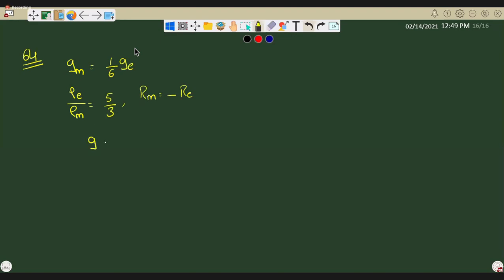What is your g formula? GM by r square. So g is GM divided by r square. What is your mass in terms of volume and density? Rho into volume. So this will be G by r square, rho of Earth, let me say, into volume, which is 4/3 pi r e cube.